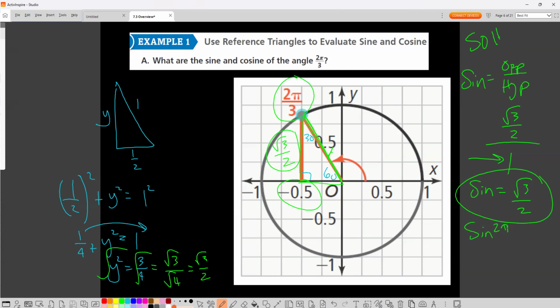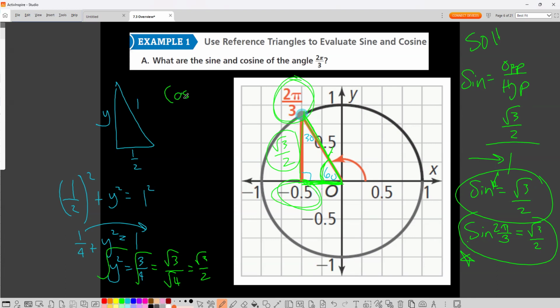So sine of that angle, the 2 pi over 3. I think I told you a long time ago that I oftentimes leave that angle out of here. I'll put it in at the end to make sure somebody doesn't take off points for me on a test. All right, so there's my sine. It's always the y side. Well, if the sine is the y side and cosine is the adjacent, this adjacent side is the x side to the angle here, 60 degrees or 2 pi over 3 radians. The adjacent side is just this -1/2.